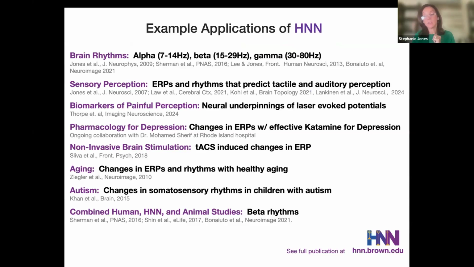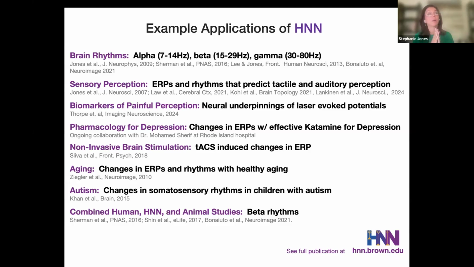There's lots of published examples of using HNN to study various signals. We've published on brain rhythms in the alpha, beta, and gamma bands. We've also looked at sensory perception, tactile perception and auditory perception. We have some motor evoked potential papers as well. We've looked at biomarkers of pain perception. This recent article from Ryan is about laser evoked compared to median nerve stimulation.